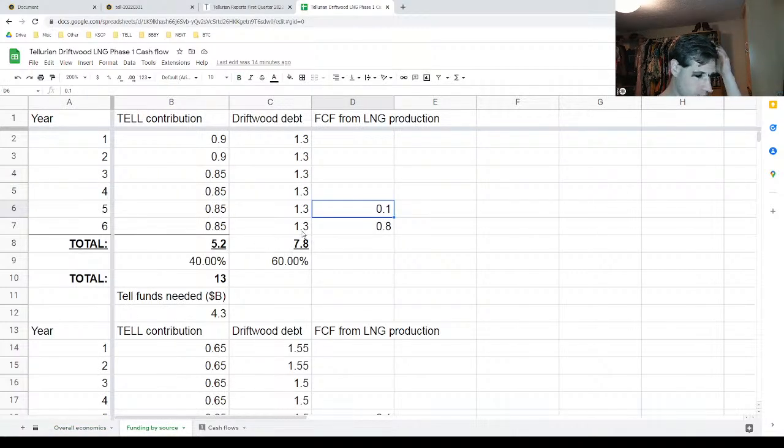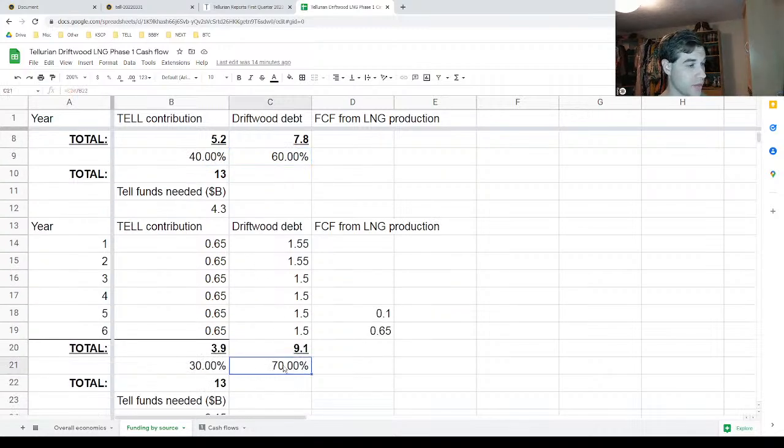And if I go back over to my funding source, I play with the numbers a little bit here to get exactly the 60% debt situation and the 70% debt situation, since they've given that guidance in the past that they're shooting for between 60 and 70% of the project to be funded by debt for phase one.